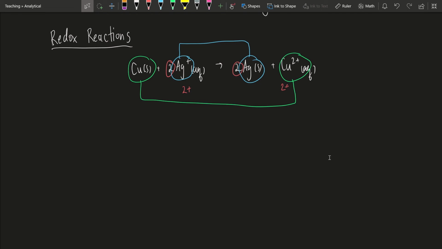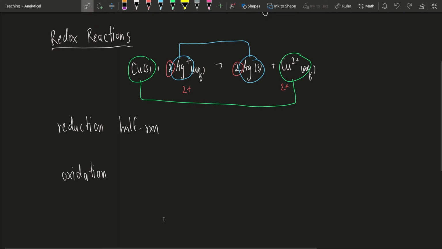Actually, I think you have learned this before. Redox is constructed from two words: reduction and oxidation. So the reduction half reaction is the reaction of the species that gains the electrons. In this case, it is silver ion.